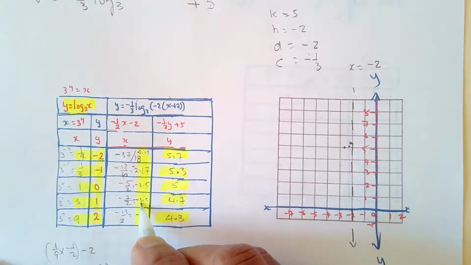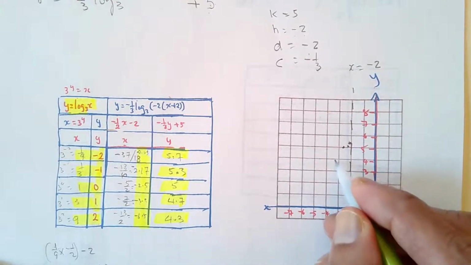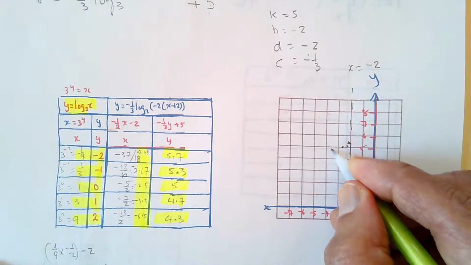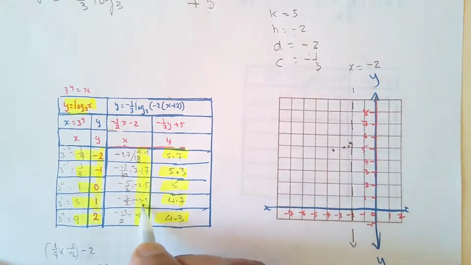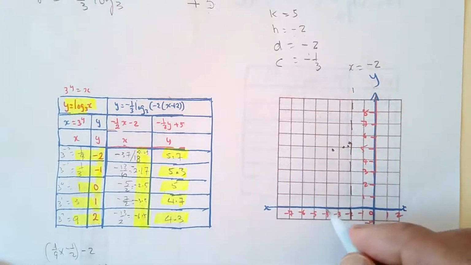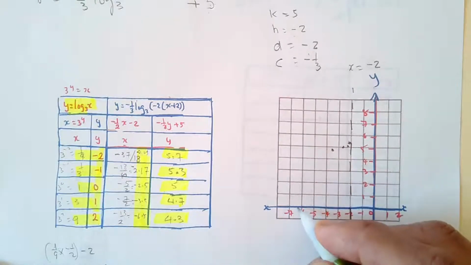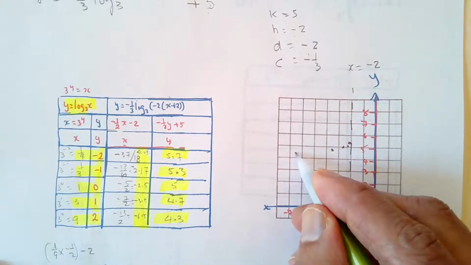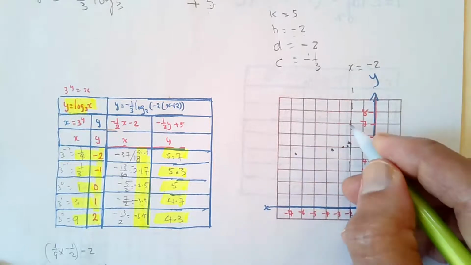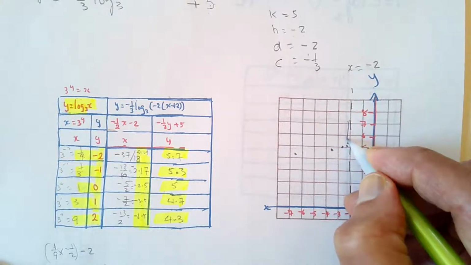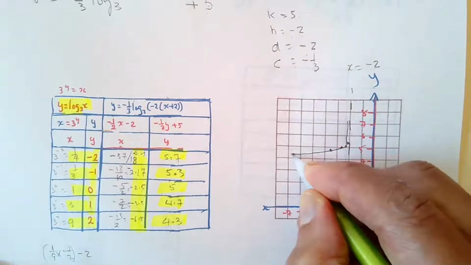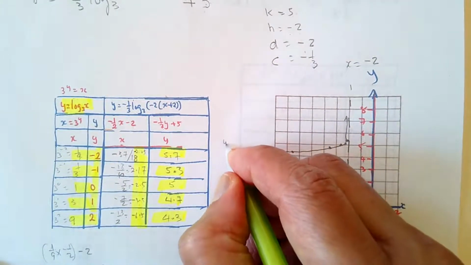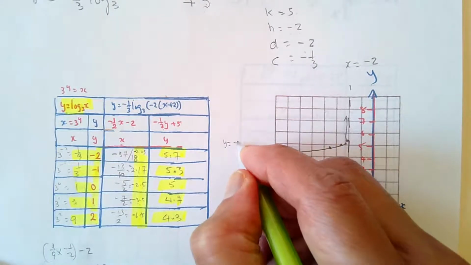Then we have -3.5, which is here, goes to 4.7. -6.5, 4.3. So this is my graph.